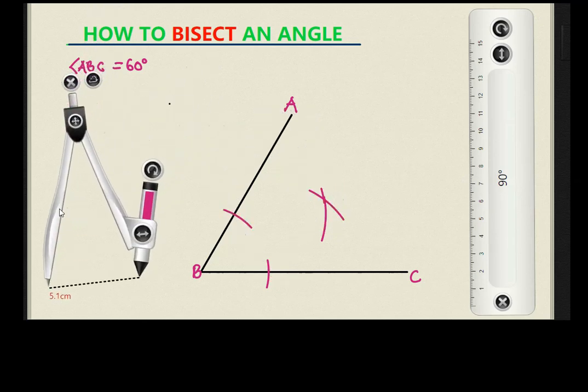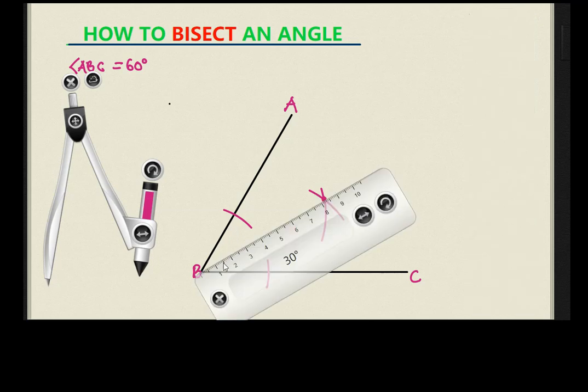Now after I've done this, I'll use my ruler and draw a straight line passing through this point and the point of intersection here. We have our point of intersection. Now I can draw a straight line from point B passing through the point of intersection.